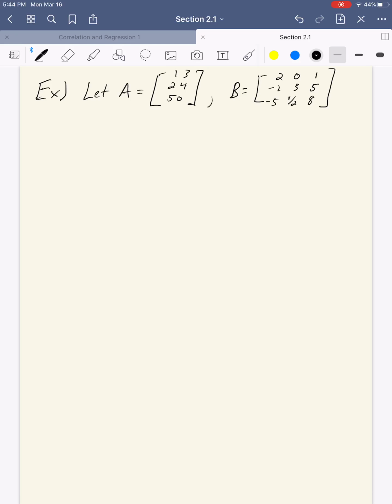Okay. And let's just determine a couple things with this. Let's determine A12, and let's determine B23, and let's also determine B33. So let's just do those real quick.